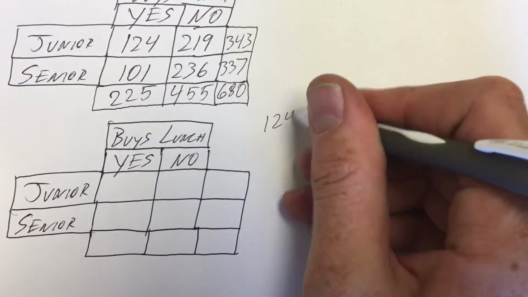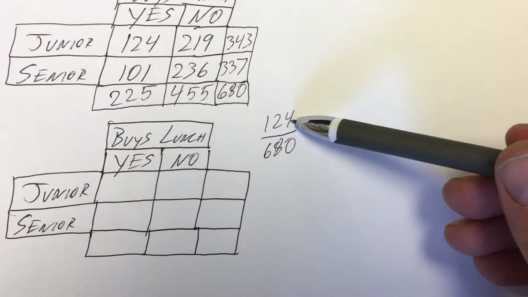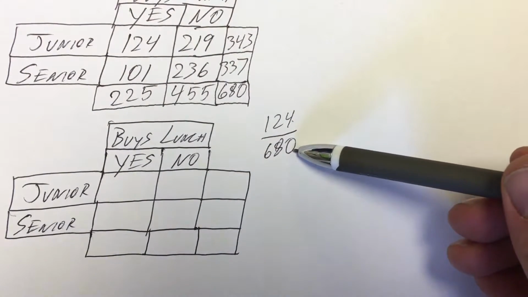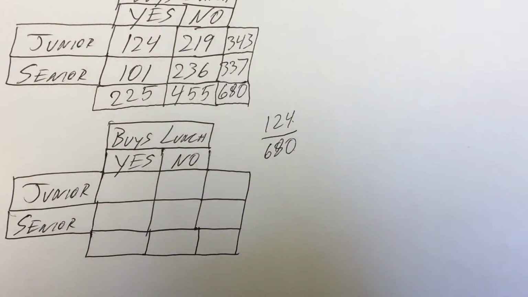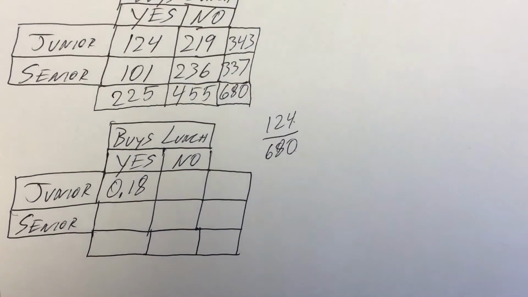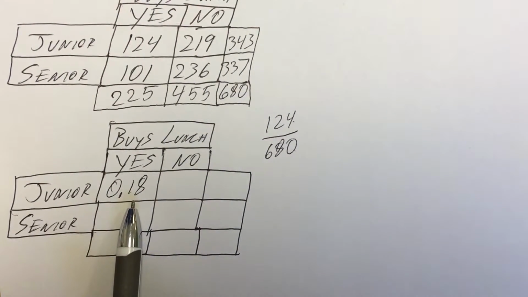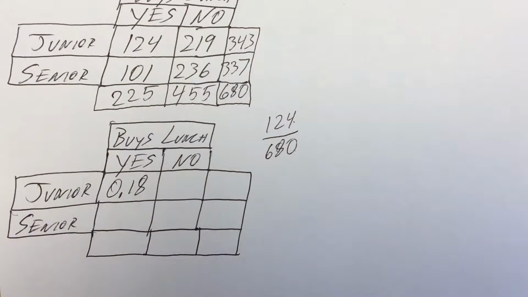If we divide 124 juniors by 680 people in the survey, as a decimal, rounded to 2 decimals, that number would be 0.18. This would also be 18%, which means 18% of juniors said yes, they buy lunch at school.